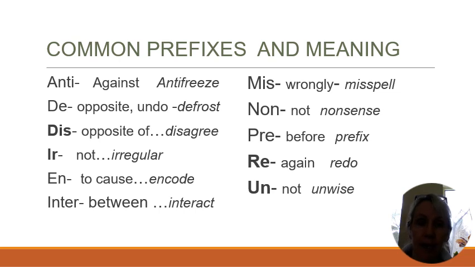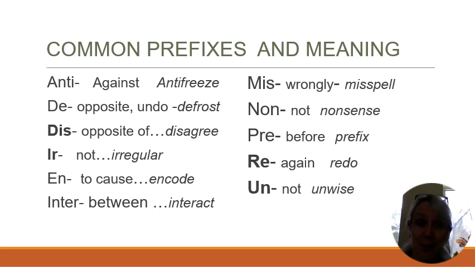Miss, M-I-S, means wrongly. Put that in front of spell, misspell, and we have not spelled correctly. We have spelled wrongly. Non, N-O-N, not. Put that in front of the word root sense, and we have nonsense, the opposite of making sense. Pre, before.